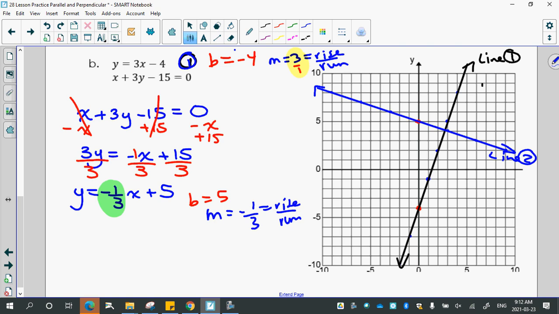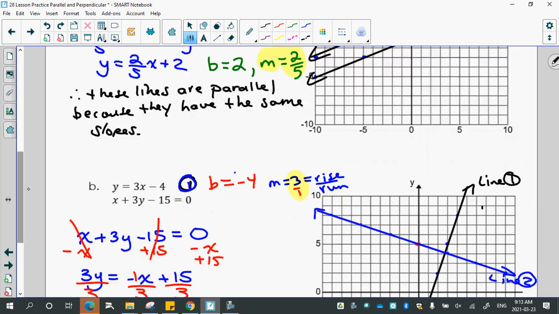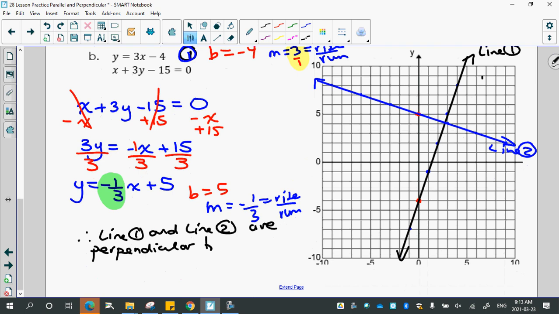So then I need my therefore statement. Therefore, line 1 and line 2 are perpendicular. And then your because can be because the slopes are negative reciprocals. That's restating perpendicular again.